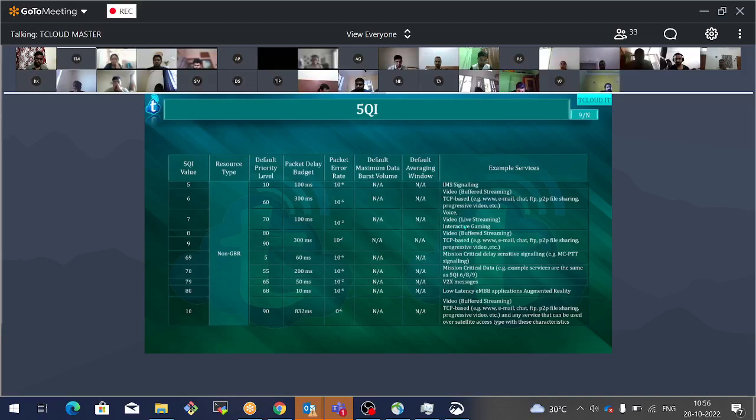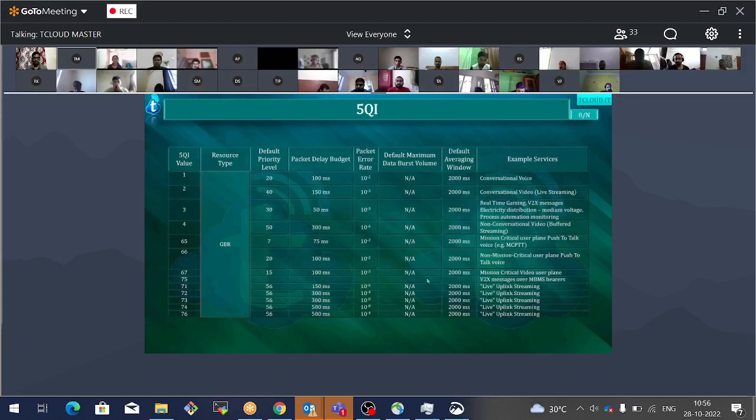Again, in this we have segregations. So for buffered streaming and live streaming, there are non-GBR based ones and GBR based ones. So it depends on what the application chooses. For example, you go to YouTube. If you put YouTube to auto mode, that will be considered as non-GBR, non-guaranteed bitrate.